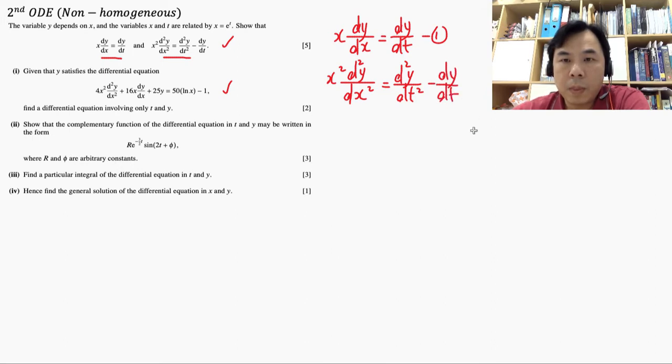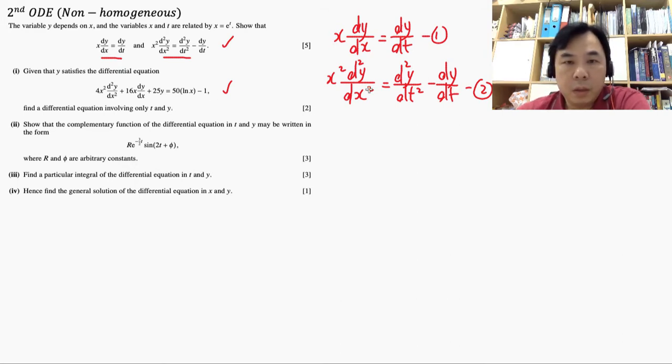Now this is our second equation. We're going to make use of these two equations to transform these second order ordinary differential equations from y in terms of function x into y in terms of function t.